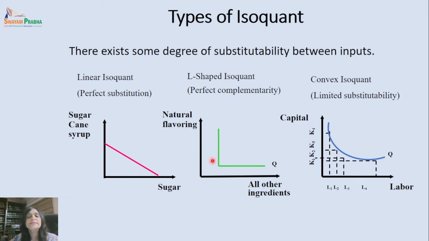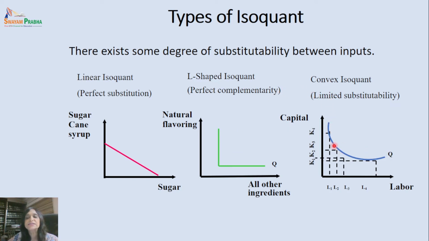So there is a fixed combination which you will be required to use. In that case, when a fixed combination of inputs has to be used, we say that this particular isoquant will be L-shaped.